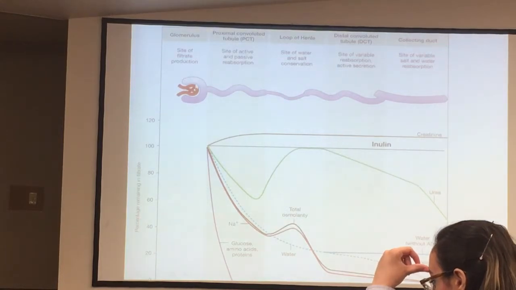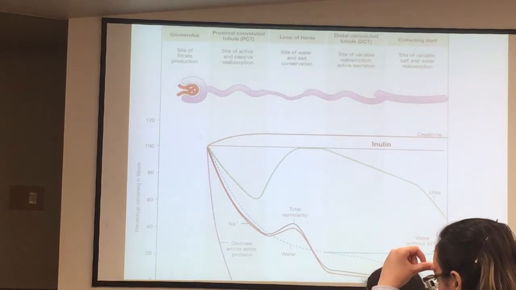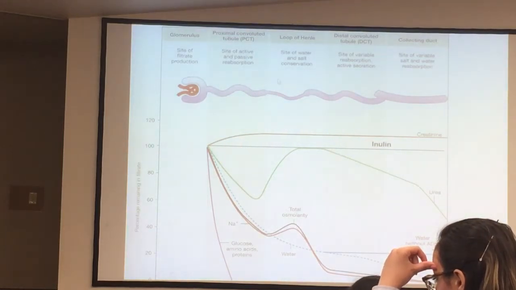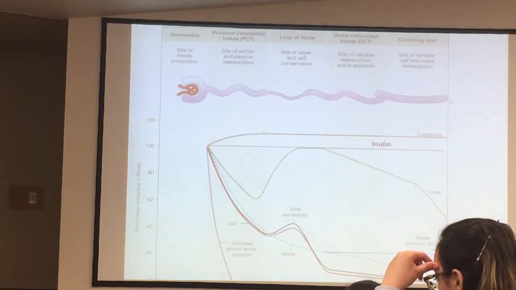What comes out from here we treat as 100%. Without secretion or reabsorption, at the end of the collecting duct in the urine, it is still 100%, and we like this ideal material.